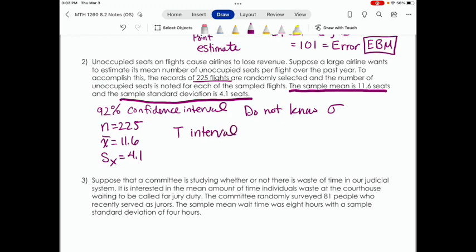So we're going to put in our sample mean, our sample standard deviation, and our sample size and do t-interval. If we round it to two places, we're going to get 11.12 and 12.08. So our interpretation of this would be that we can estimate with 92% confidence that the mean number of empty seats for the population is going to be between 11.12 and 12.08.